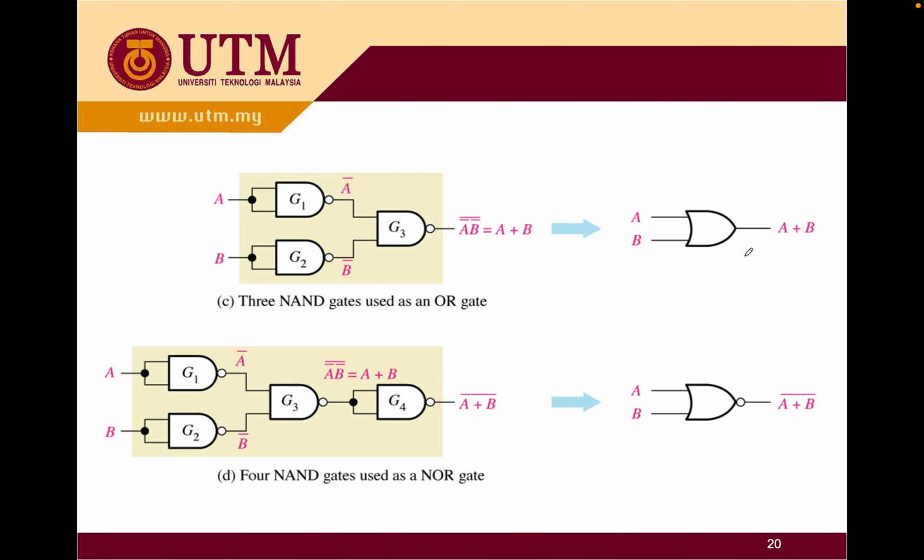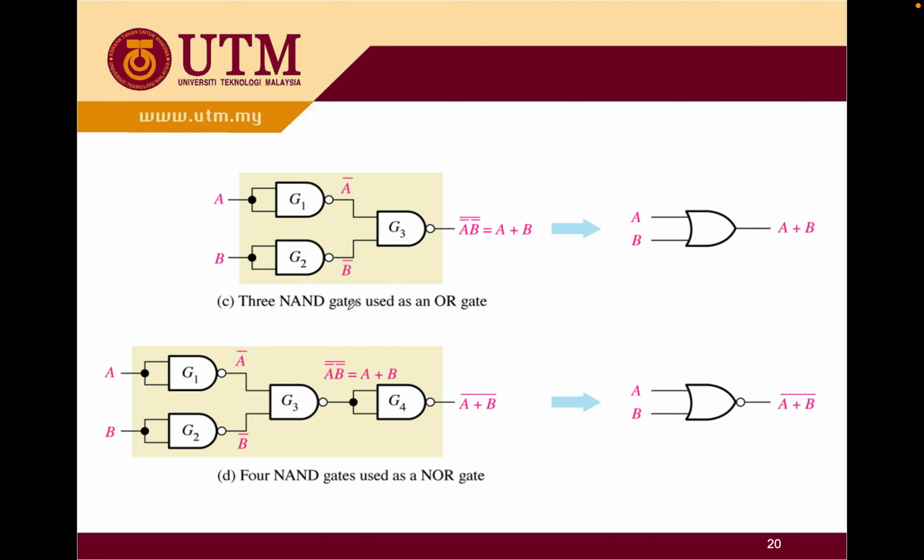Instead of waiting to buy new hardware, why don't I use the existing one, where I have three NAND gates, and combine them in my circuit to be an OR gate. So you need to remember how the connection looks, because you will be asked to draw a circuit using only NAND gates.